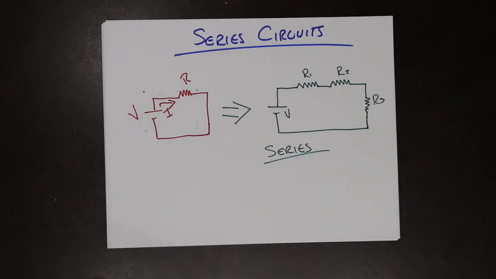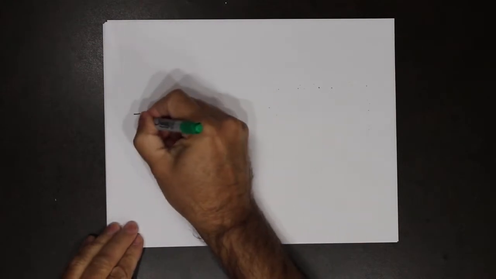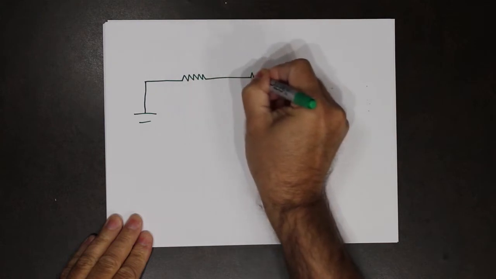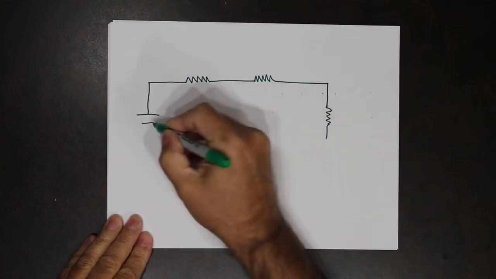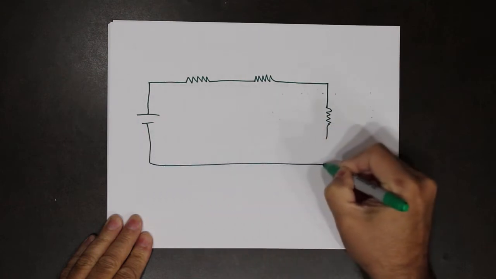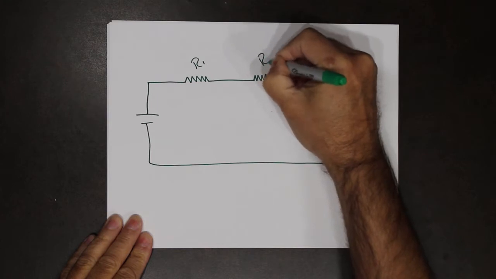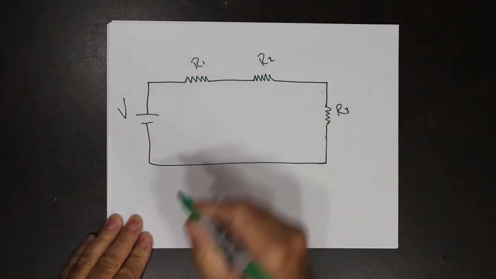So what actually defines a series circuit? If we took that exact same looking circuit and then I said R1, R2, R3, and then we have a voltage.